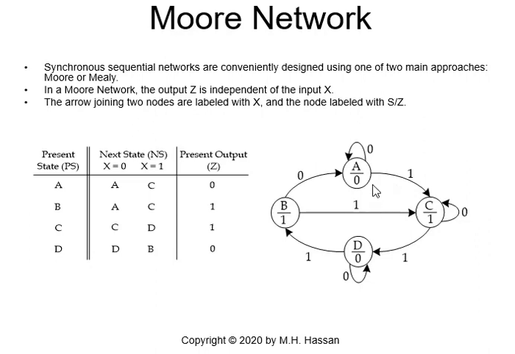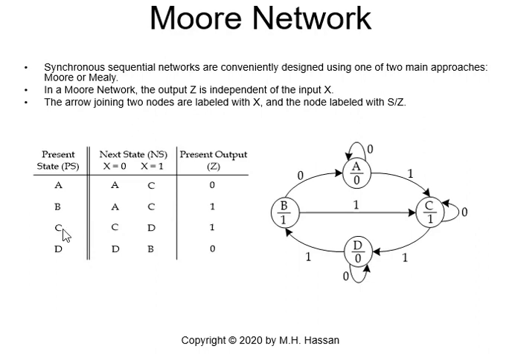So here, for instance, if the present state was A, the output is 0. So we'll have a node A slash 0. If the network is in state B, the output will be 1, so the node circle will be B slash 1.